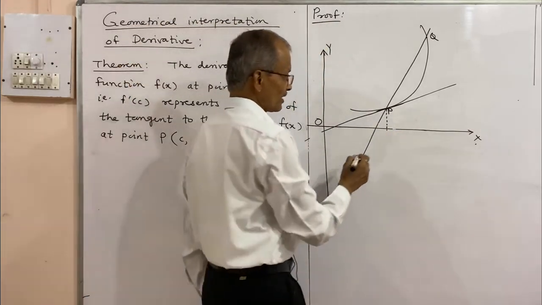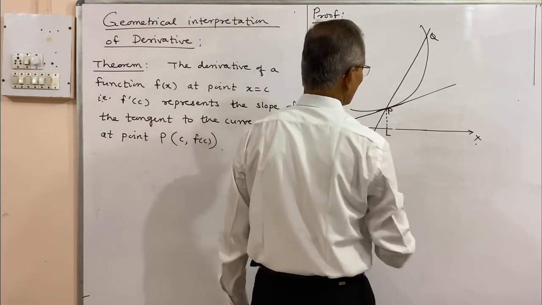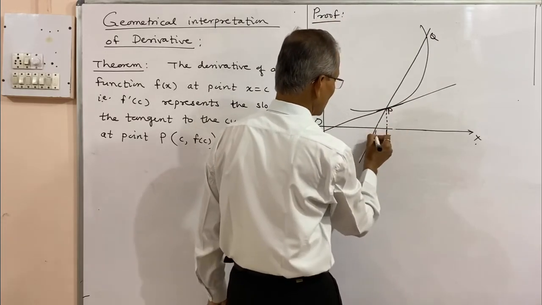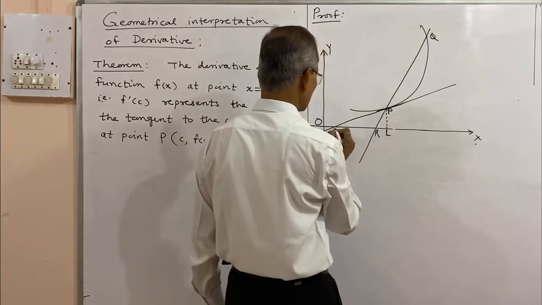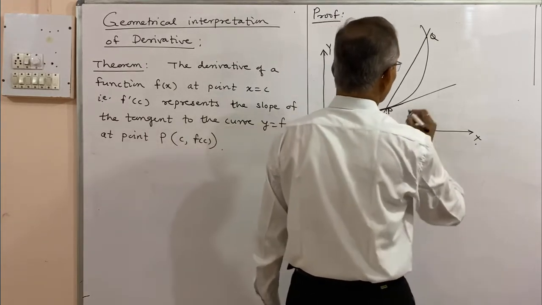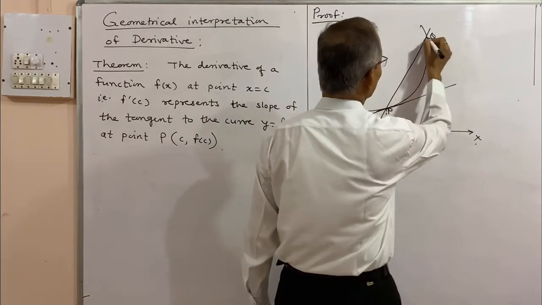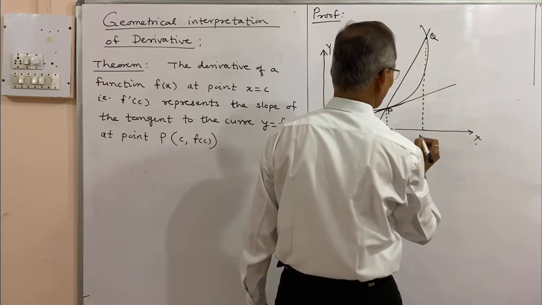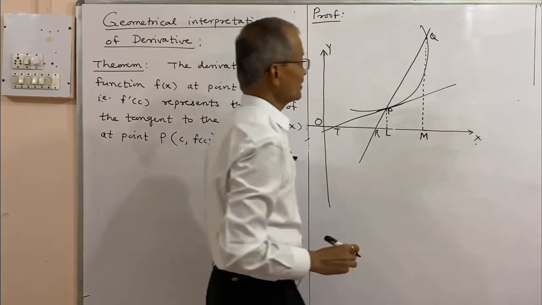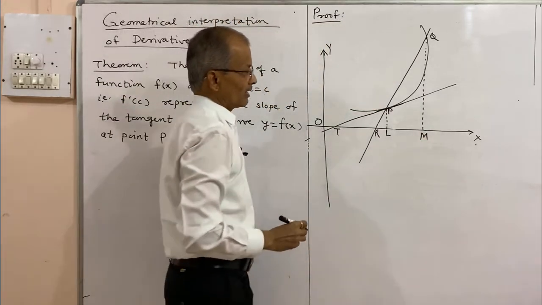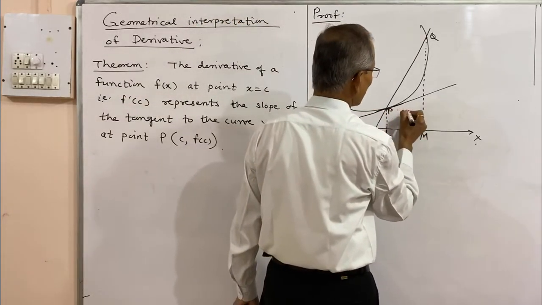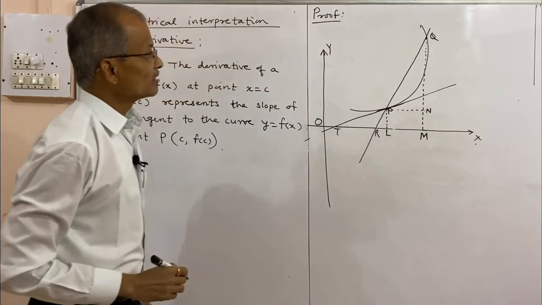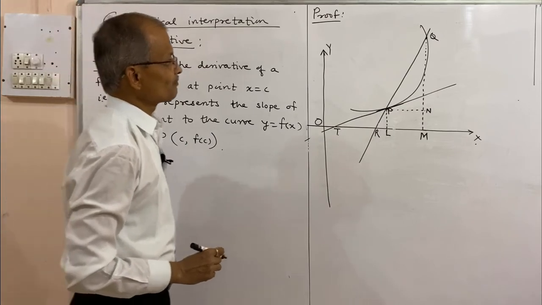Let it be PL, and let this point be R. Further, draw a perpendicular from Q on the x-axis. Let it be QM, and again we draw a perpendicular from P, and let it be PM. So these are the points we have considered.